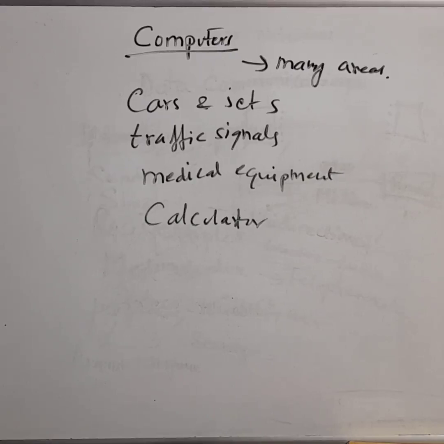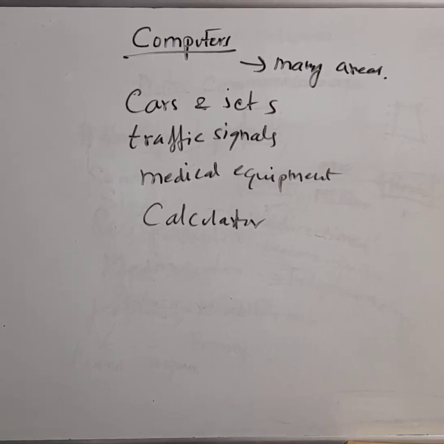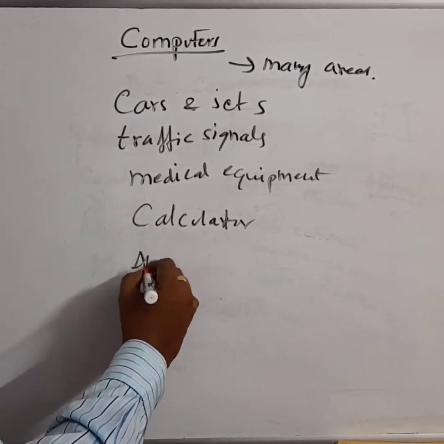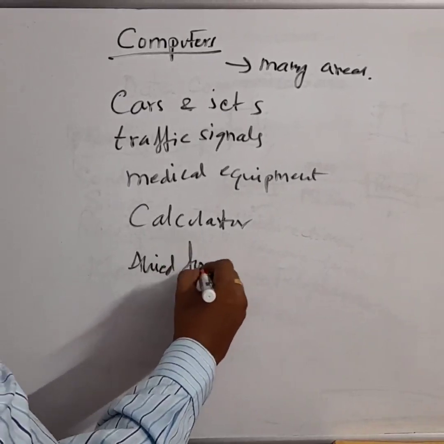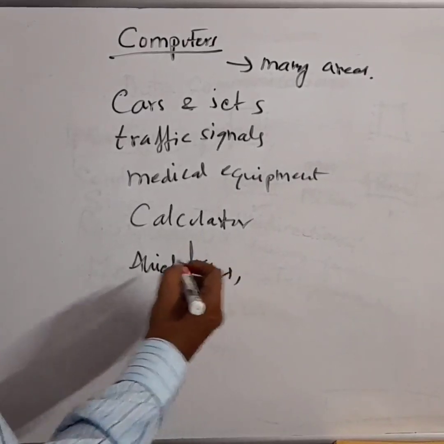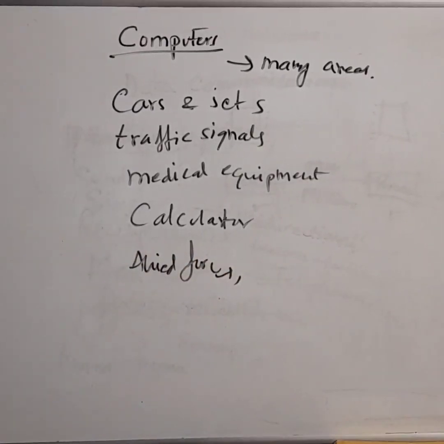Something like the ENIAC was made during World War II, as it was used to calculate movement and strategies for the military during the war. It was helpful for the allied forces, especially during the wars.